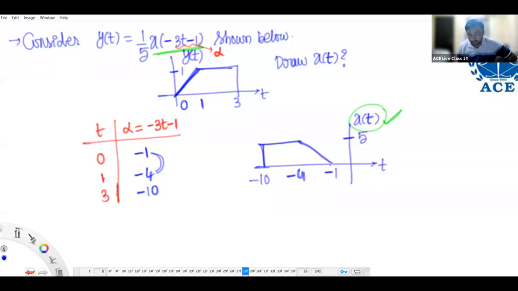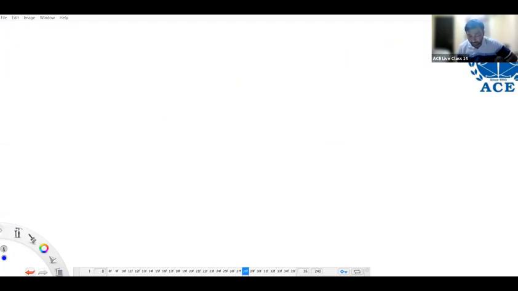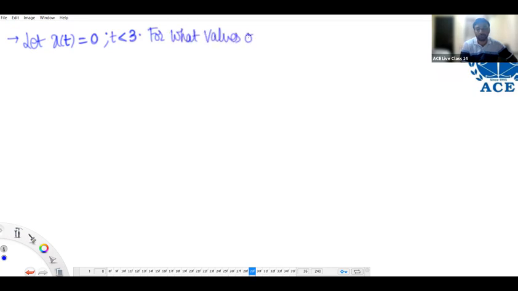Another simple question I'll ask you, respond. Let x of t be 0 for t less than 3. For what values of t are the following signals guaranteed to be 0?